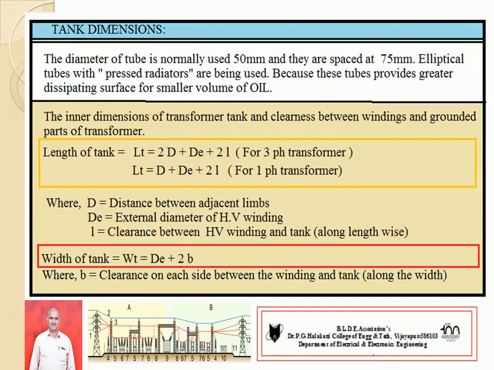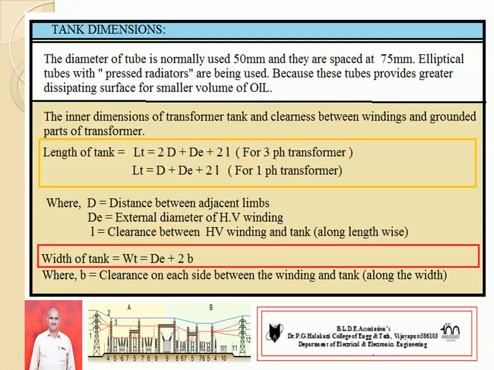As per new techniques, these pressed radiators provide more dissipating area for a small volume of oil. That means more cooling facilities are available. Hence, at present, pressed radiators are more preferable.